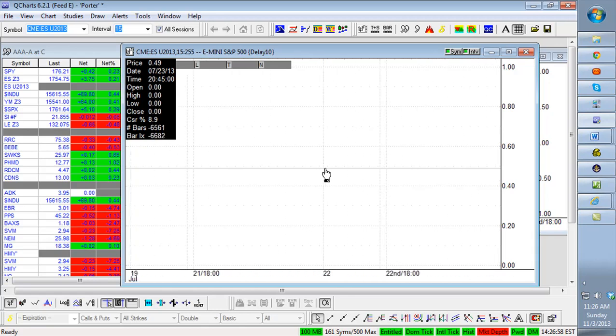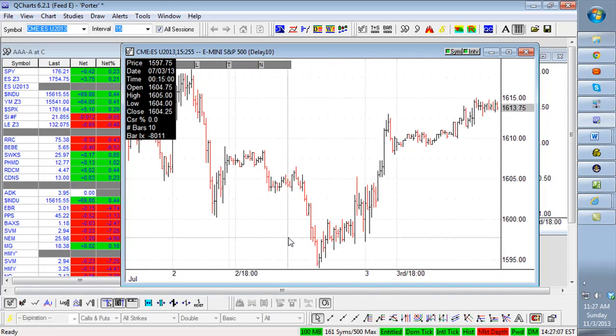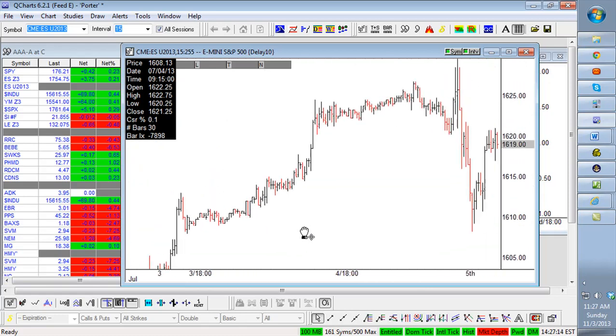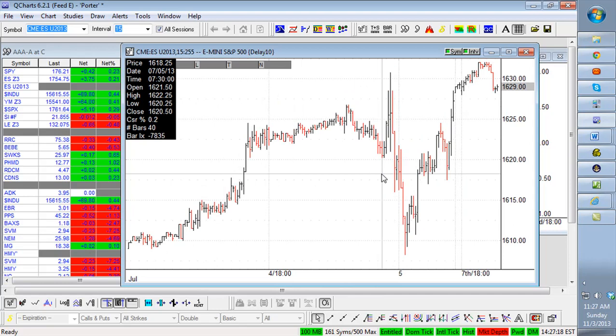Remember, this was the beginning of July, because in July the trend was up. Okay, and there we go. So here we are. It's the beginning of July. Here's the 3rd of July. Here's the 4th. Everybody's having a good old time. And so prices are going up and down a little violently here on the 15-minute.